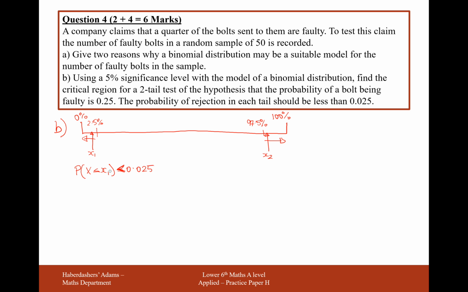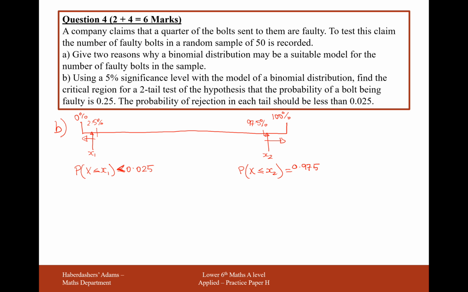And we want to find this x1 value, or on the other end of the spectrum, the probability where x is less than or equal to x2 gives us such a high probability, 0.975, such that we would be suspicious of anything that came in above that. So for example, if 40 bolts came in as faulty out of the 50, we'd be suspicious that our probability was a little bit higher than 0.25.